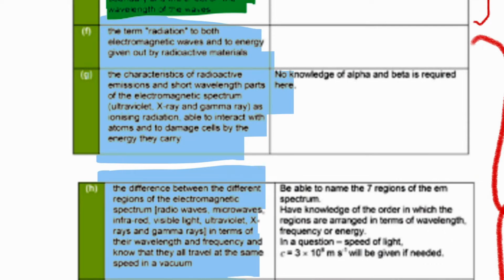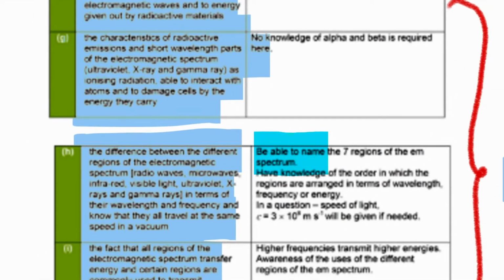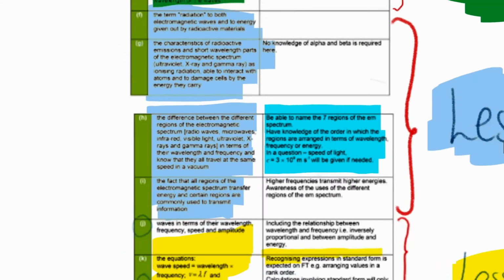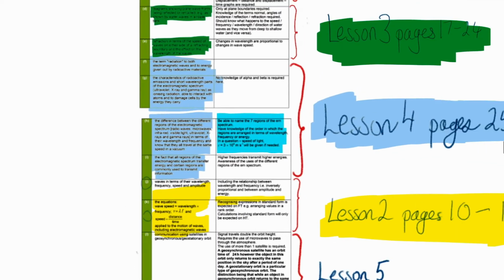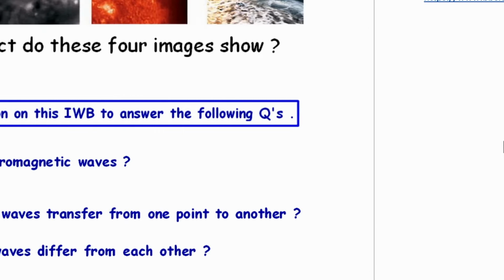Also, you have to be able to name the 7 regions of the spectrum, have knowledge of the order, and we'll be using the fact that the speed of light, 3 times 10 to the 8 meters per second, is the speed of all the electromagnetic waves. That's what they have in common. Anyway, we'll be coming on to that.